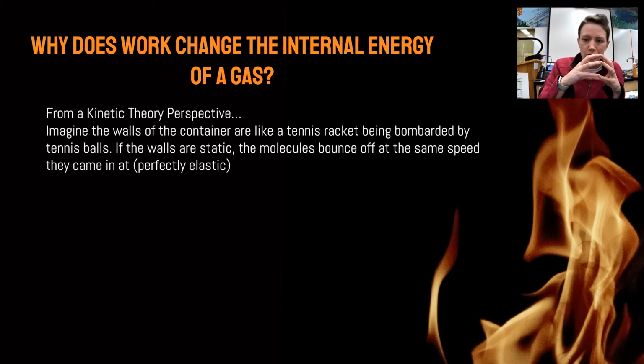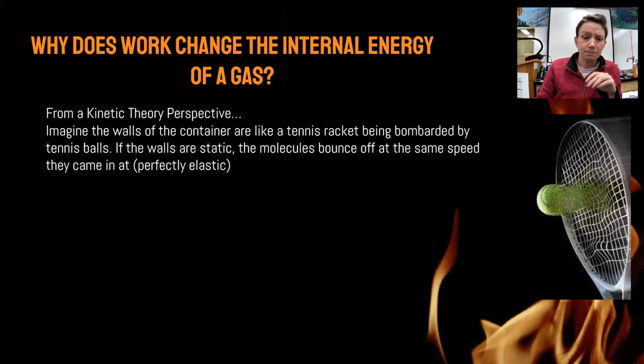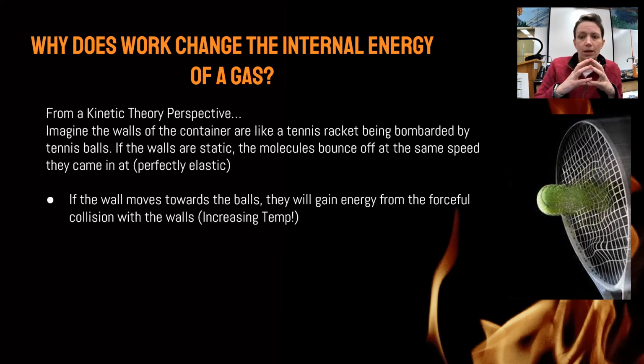If those walls are static, which means they're just standing still, the molecules are going to bounce off at the same speed they came in at, perfectly elastic. This is what we did in the last unit. Pretty much all the energy stays in the system if the walls are standing still. However, if I take those walls and I actively move them towards the molecules, it's just like a tennis racket actively moving towards the ball.